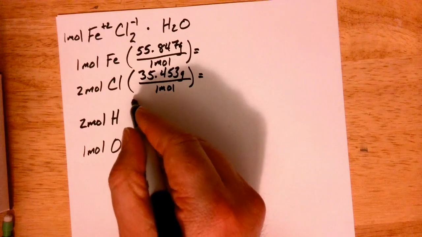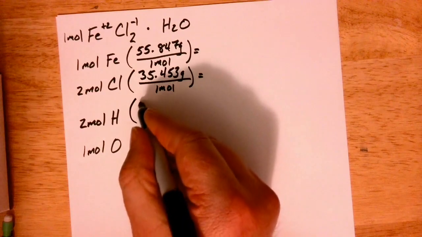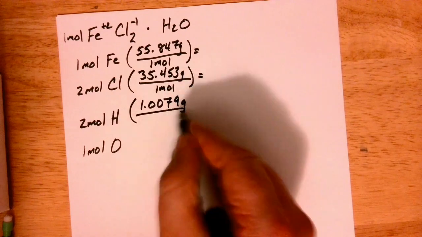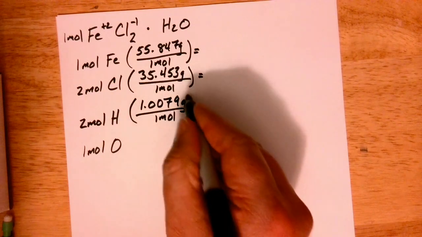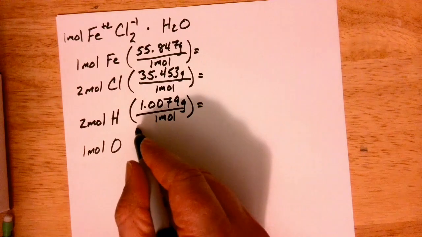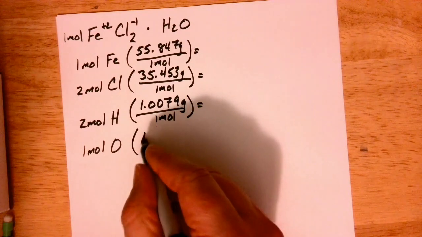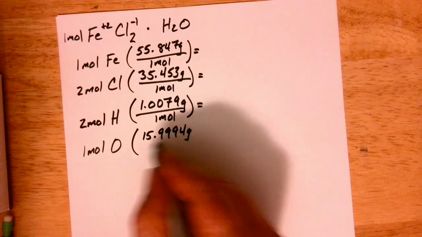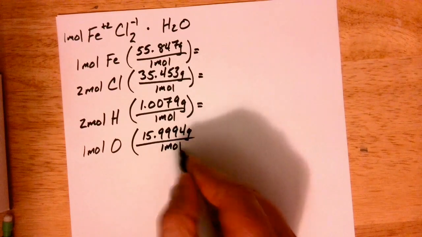And for hydrogen, hydrogen is 1.0079 grams for every 1 mole. And oxygen is 15.9994 grams for every 1 mole.